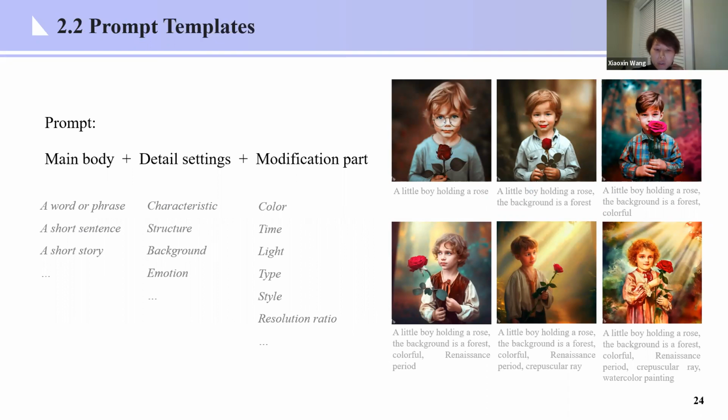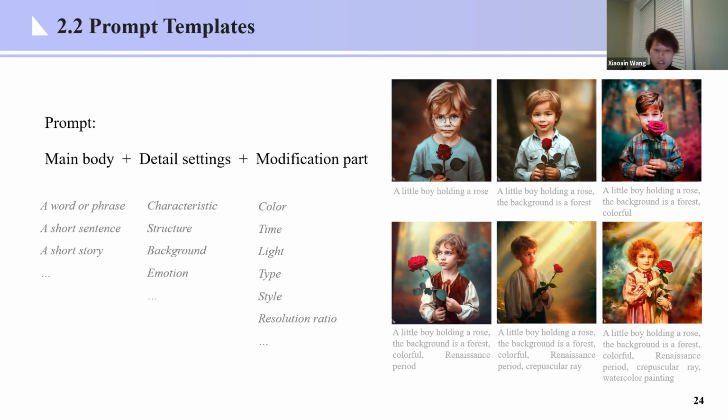Whether the image in your mind is a person or object, abstract concept, or a short story, you need to tell DALL-E. Detail setting refers to the details of the object, such as the characteristic, structure, background, and emotion.